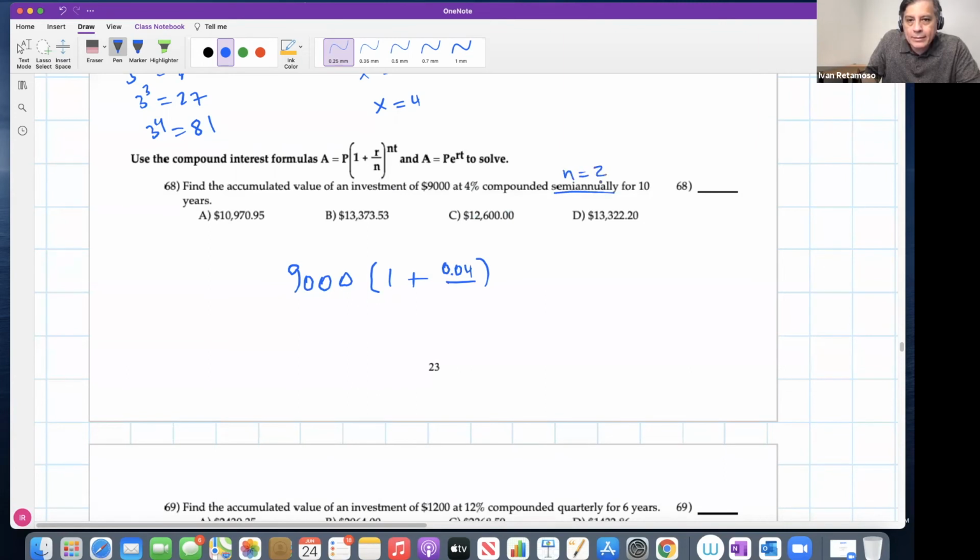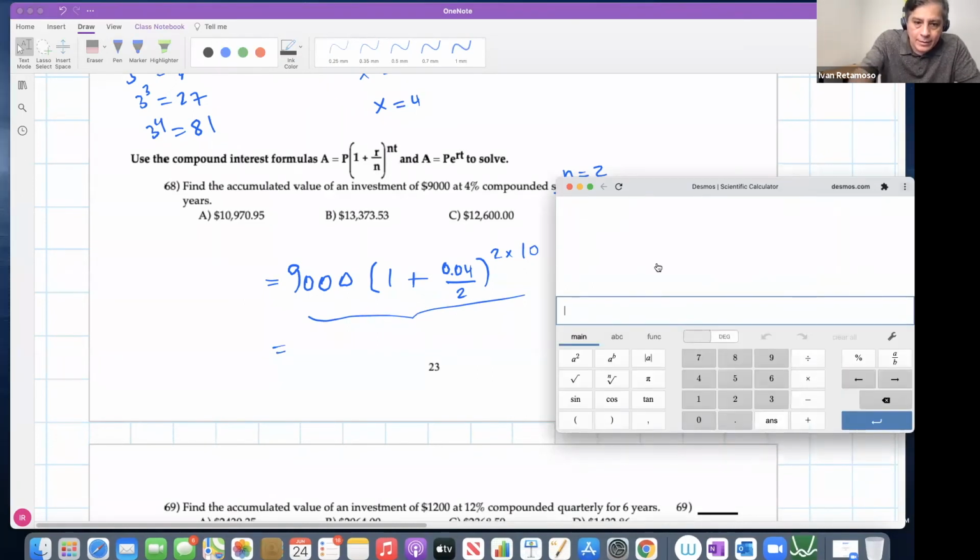N means this has to be 2, right? 2, because twice a year, 2 here, n, and 2 times the number of years, t, 10 years. If you do this computation, guys, I want to kind of refresh your mind. This process, right? You just have to do this in your scientific calculator or in your Desmos scientific calculator, right? So you get this.